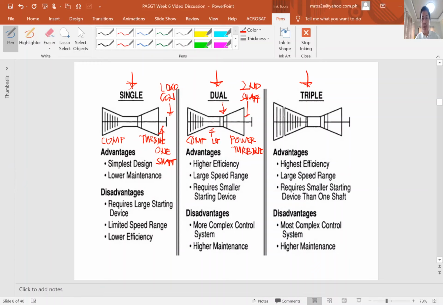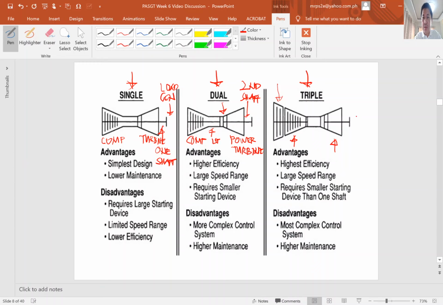So we have here the triple shaft gas turbine. As you can see here, they are separated. You have here also the shaft, you see, this area. So in the triple shaft, the first shaft and the second shaft are connected. Here you have the second one and the third one.